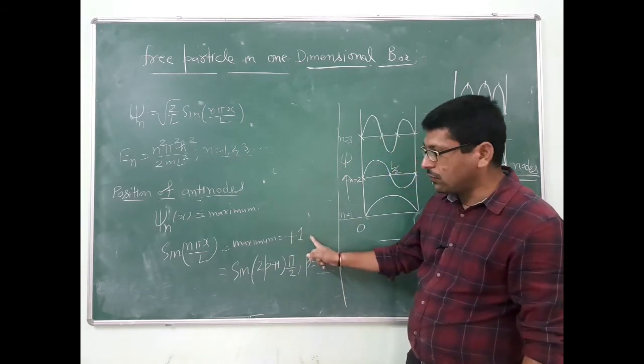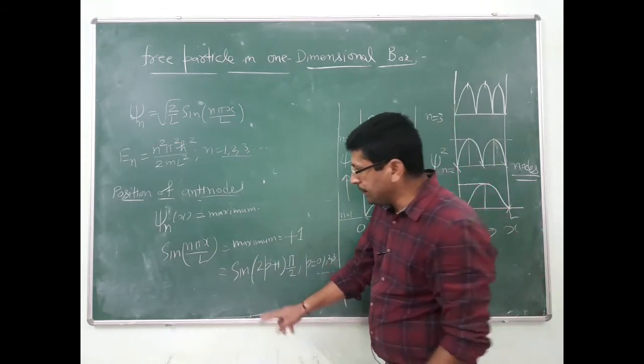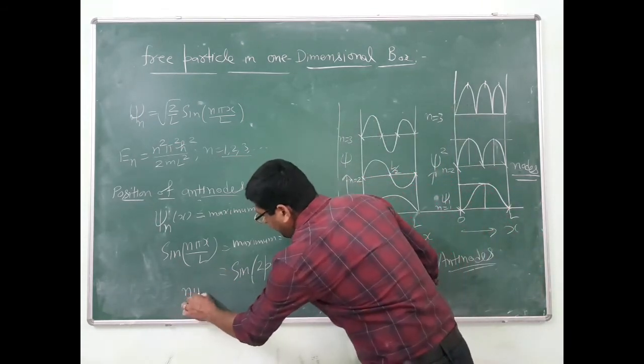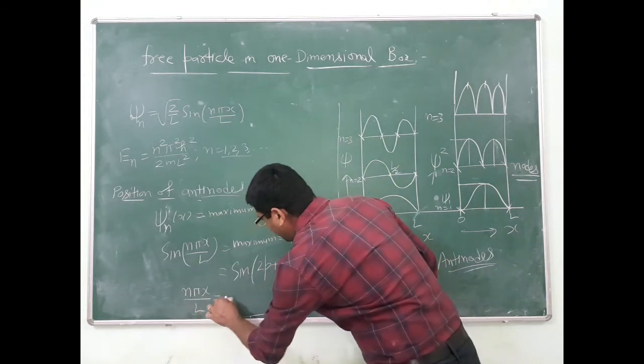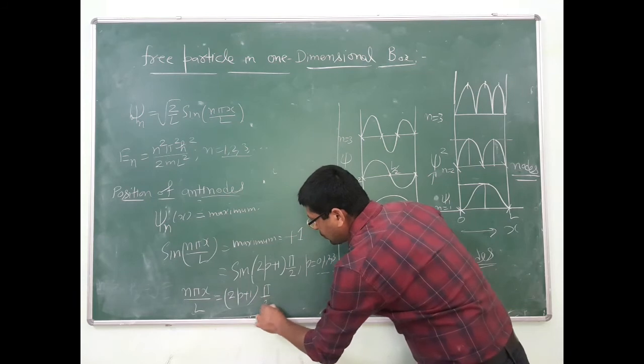So that means n pi x by L will be equal to (2p plus 1) pi by 2.